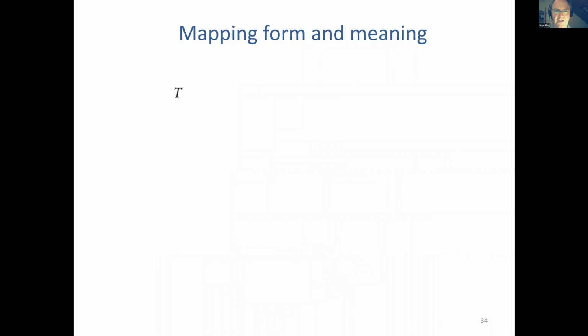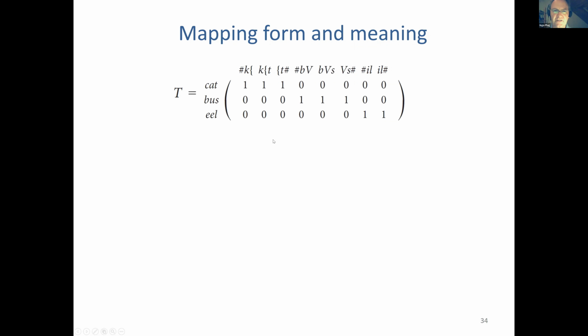How does it work? Assume that forms are represented by a matrix of triphones. So for example, here we have a triphone: the beginning of the word, then the sound k, then an a. This is the phonetic transcription up there.